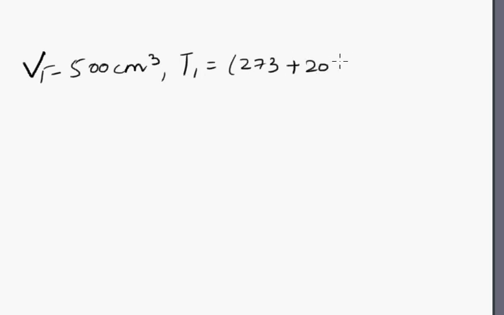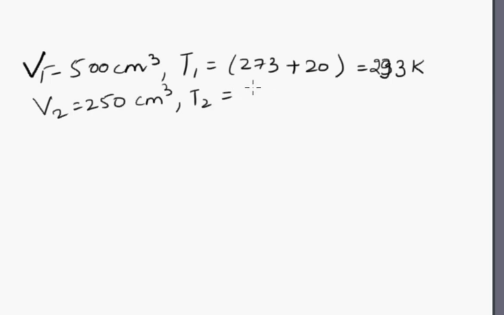It's given that V1 is 500 cubic centimeters, T1 is, let's convert first, 20 degrees centigrade, that is 293 Kelvin. We have V2 also, 250.